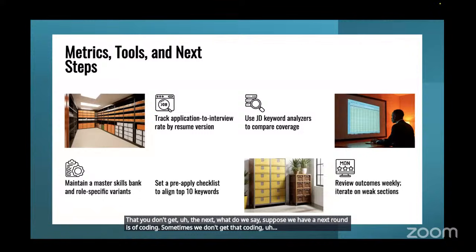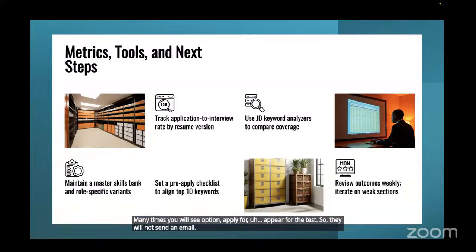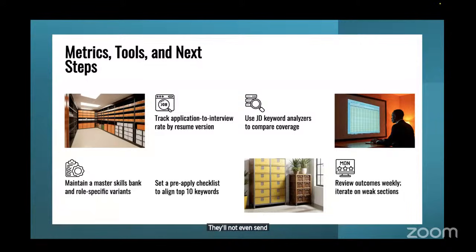It is mentioned on their website only. When you track the application, many times you will see an option to appear for the test. They will not even send an email, so you have to check it, go there, and appear for the test.